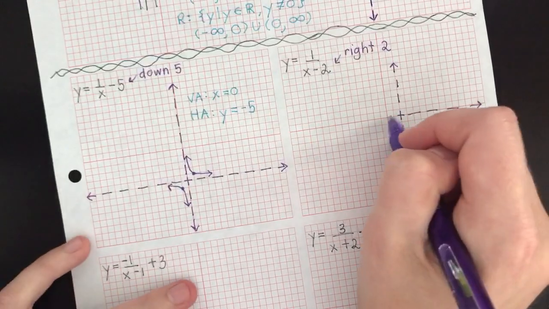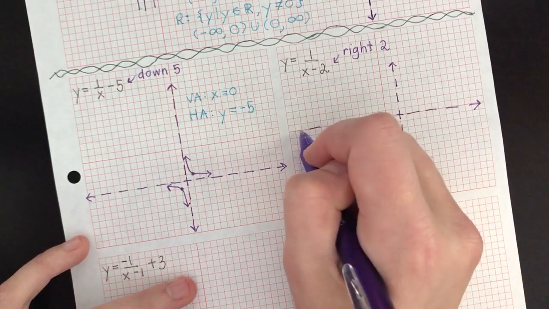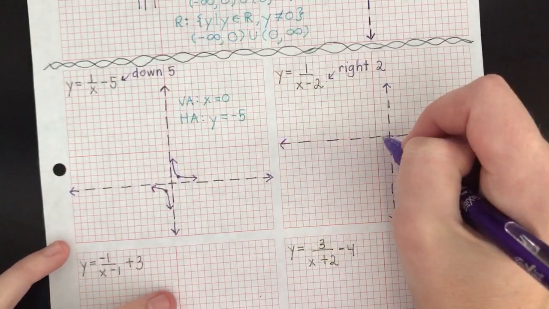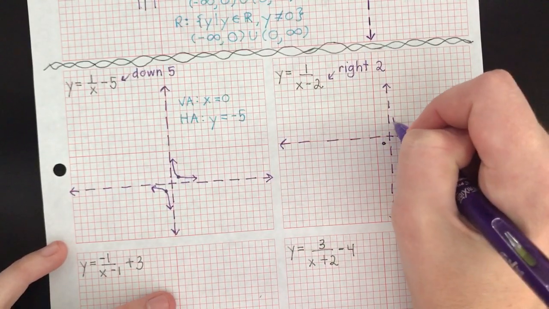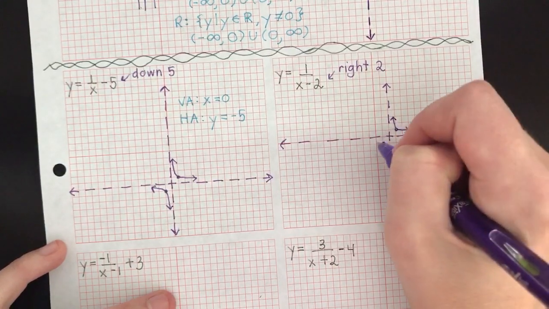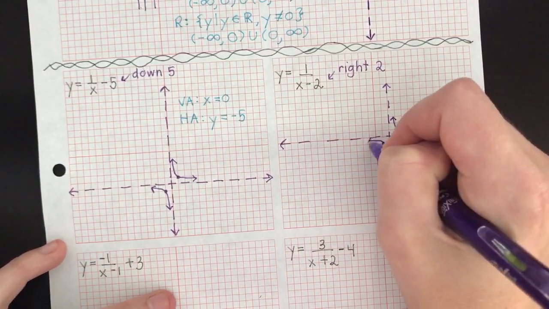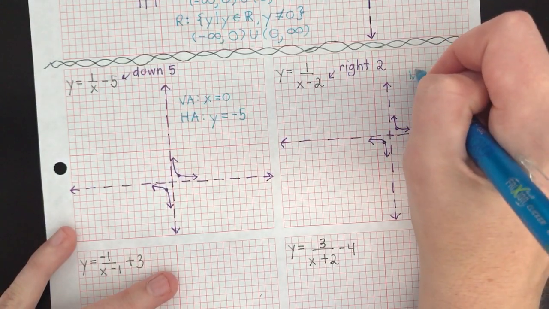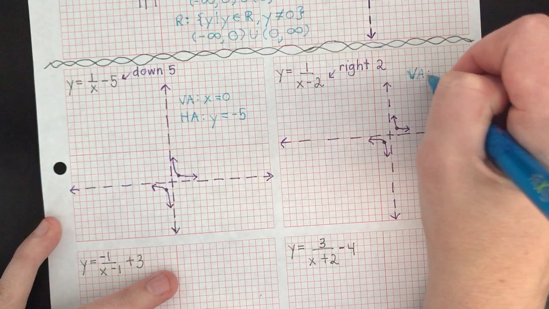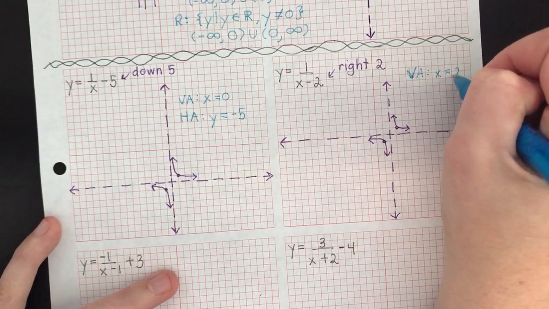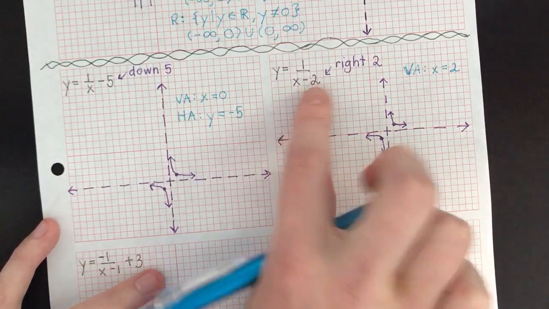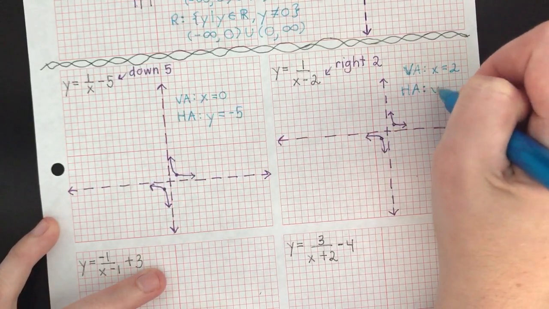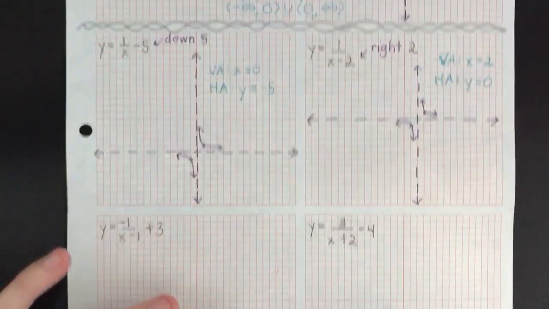I don't have a stretch or a shrink or a reflect or anything like that, so I'm going to plot my original parent function points as is. So (-1, -1), (1, 1), draw my curves to hug the asymptotes. And again, my vertical asymptote is now x equals 2, notice, and my horizontal asymptote is still y equals 0.